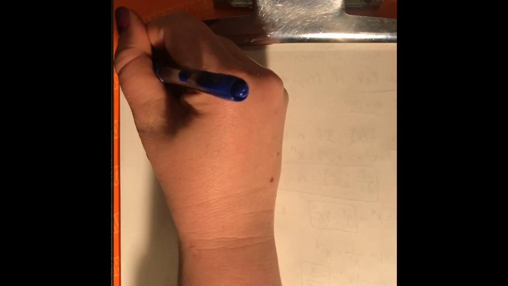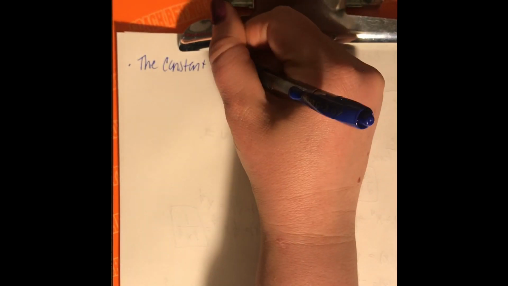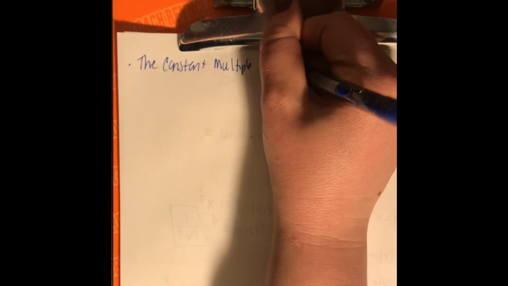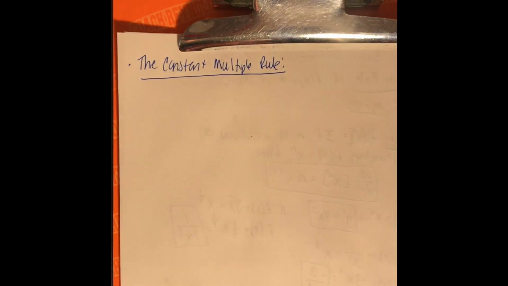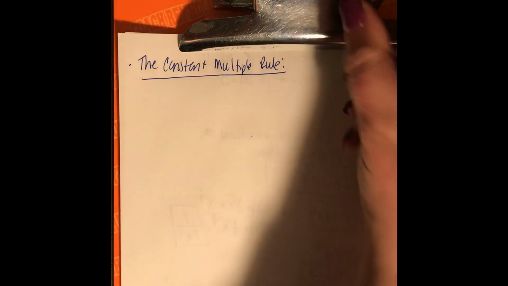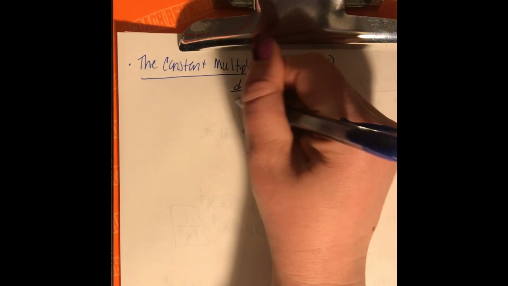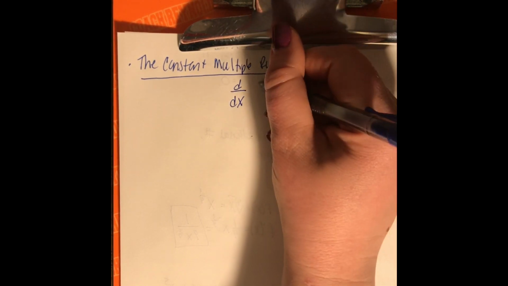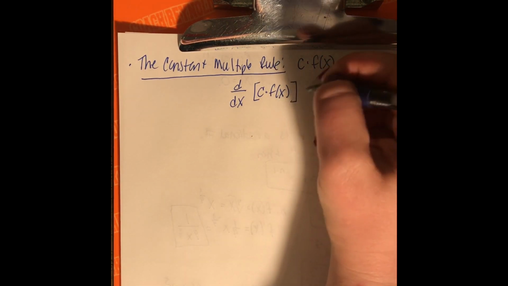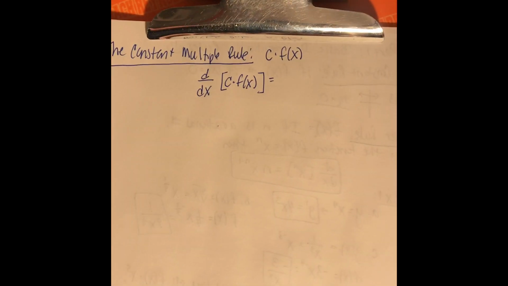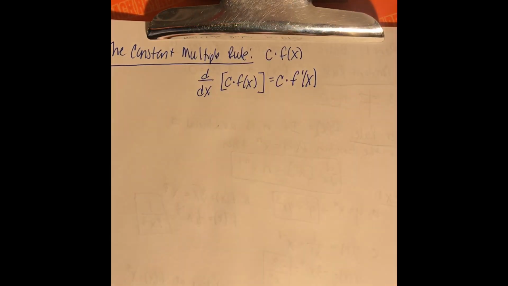The next rule is the constant multiple rule. If we have c times a function f of x, if we're going to do the derivative of c f of x, what we're going to do is just take that constant and continue to multiply it to the derivative of f of x.